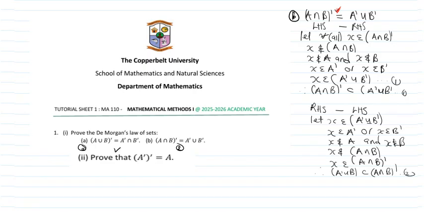So you say from equation 2 and 1, then A intersection B complement is equal to A complement union B complement, like that. Okay, so that is it. So that's how you can summarize that. So hope you can do that.